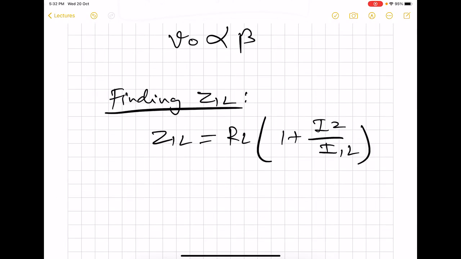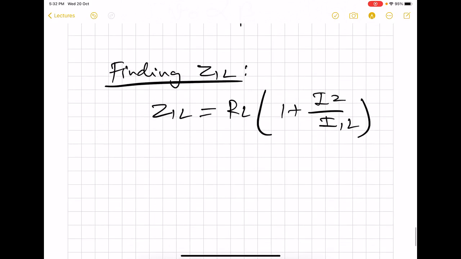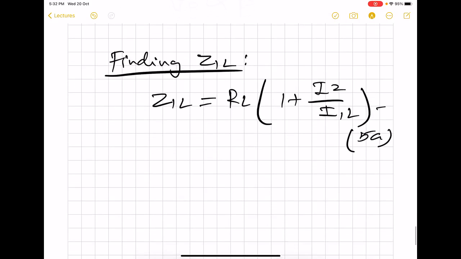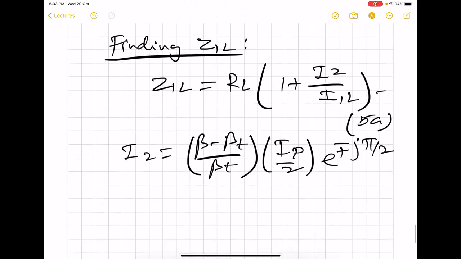This equation we will be requiring later on, so we can call it 5A. And I2 we have already derived as (beta minus beta t) by beta t into IP by 2 into e raised to the power minus plus j pi by 2.